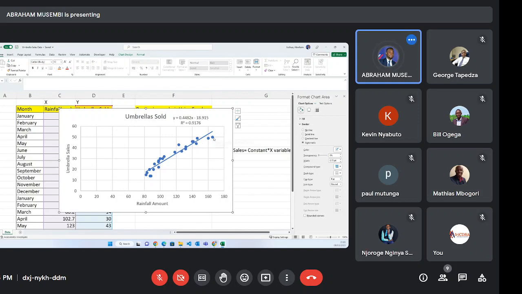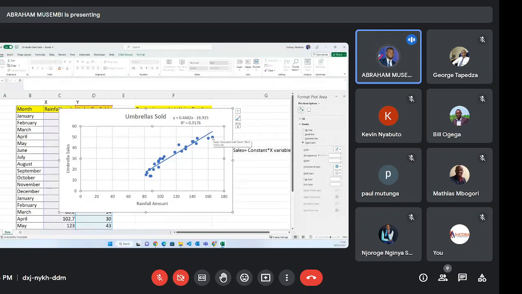For example, if I bring my cursor to this point, you can see the umbrellas sold at a rainfall amount of 165.4. You can see the coordinates down in the statement, that is 165.4.